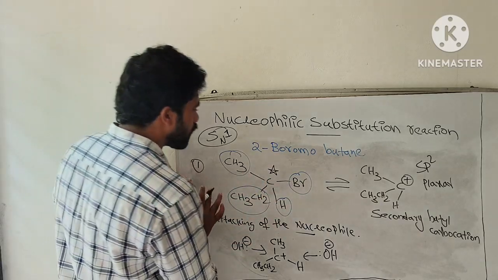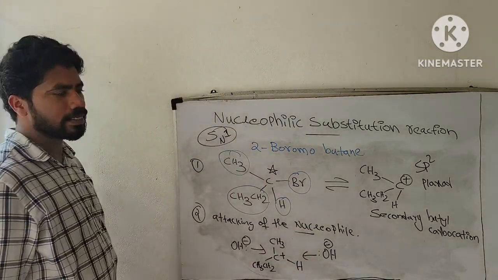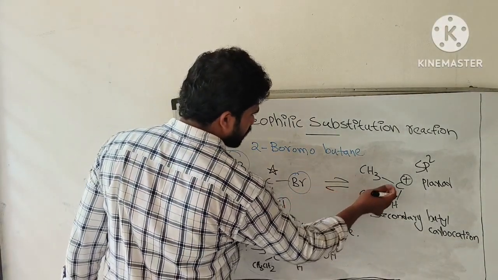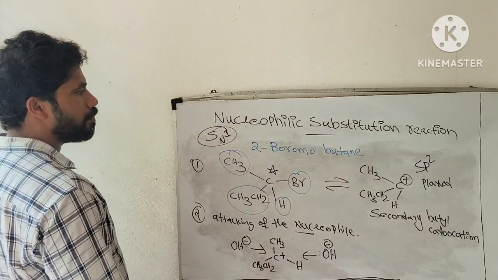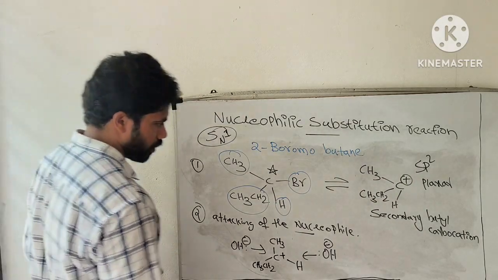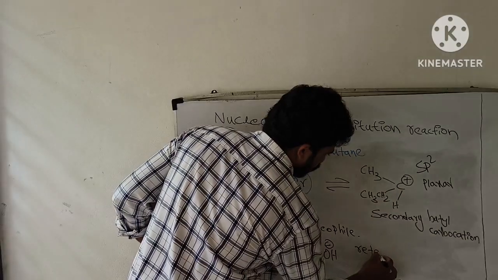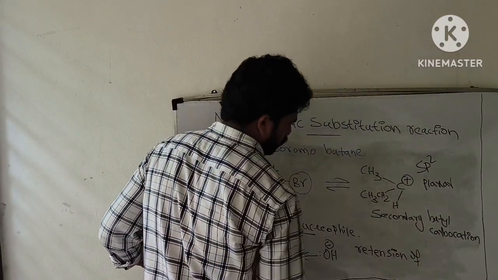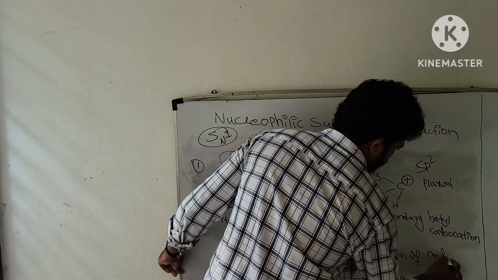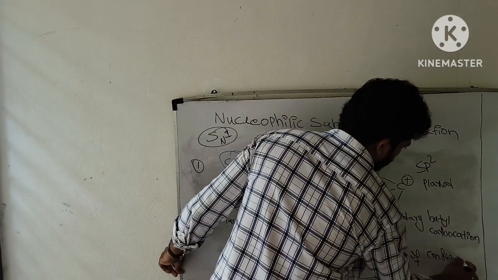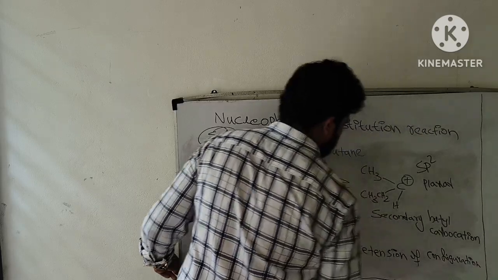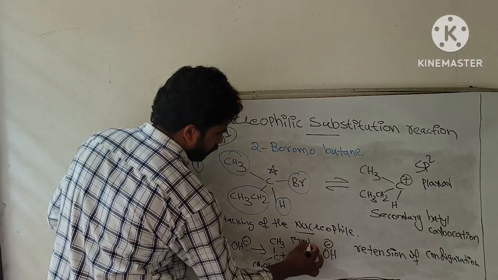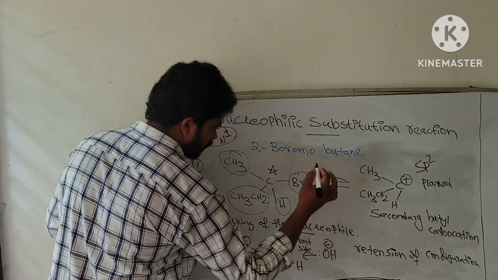Once it attacks from the back side, it will be inversion of configuration. Once the nucleophile attacks from the front side, it will be retention of configuration. Both possibilities are there.